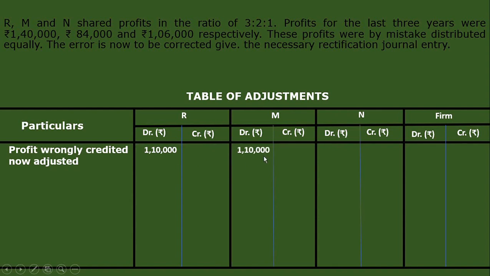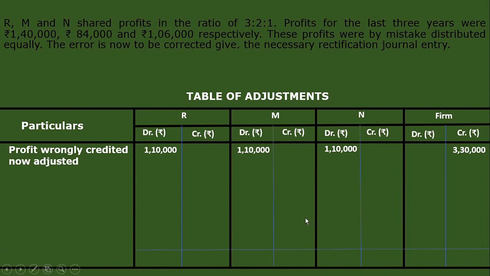Same thing for Mr. M as well. Debit side 1,10,000, and for N also 1,10,000 in the debit side. Now add these three, it will come 3,30,000, and that has to be written in the credit side of the profit and loss appropriation account, or in this case the firm.